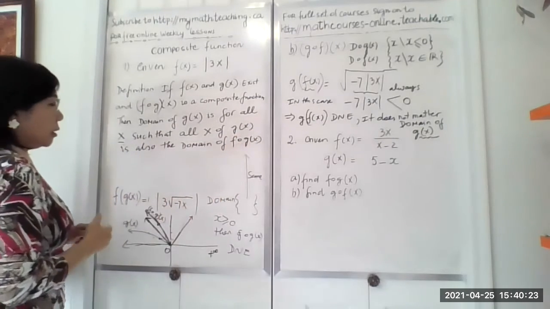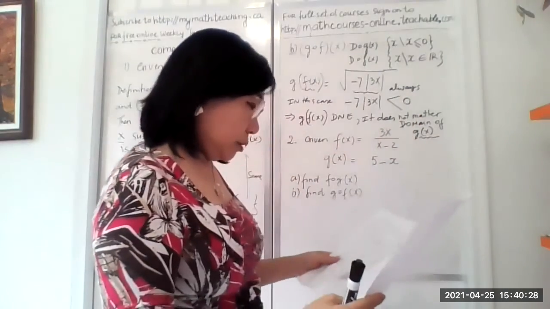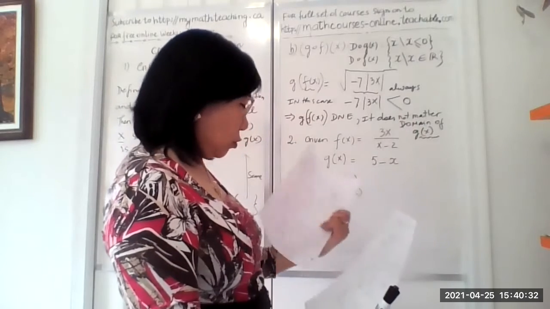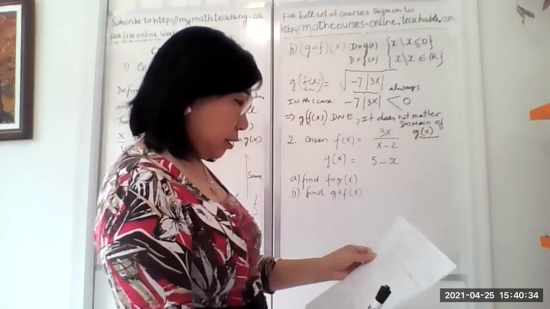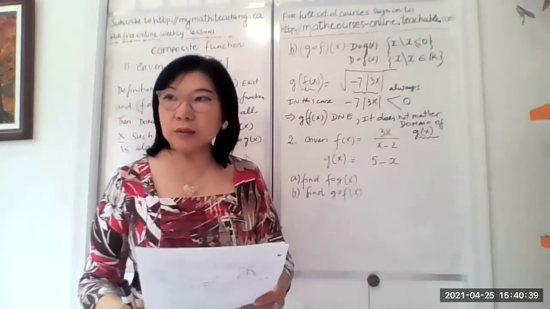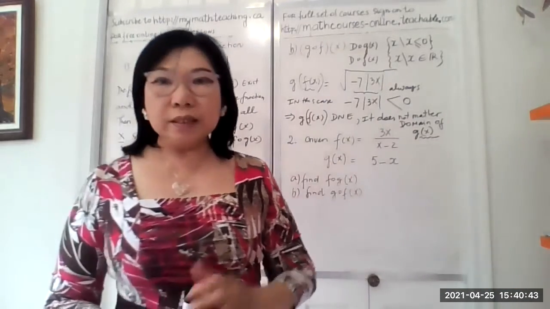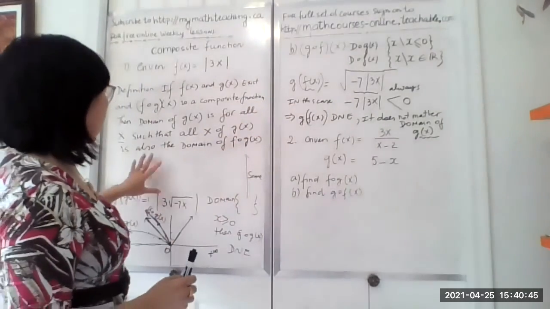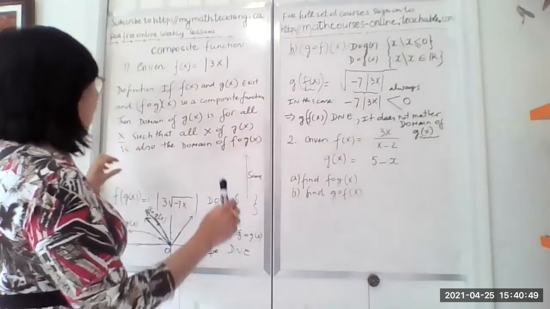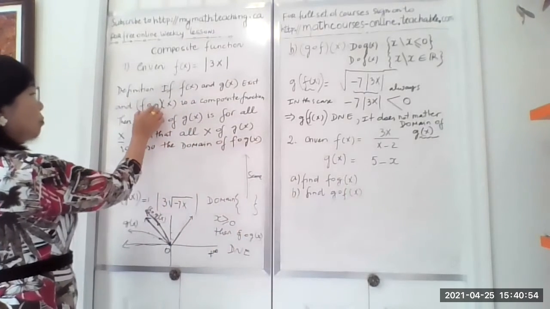Let me read the definition so that it is stated in a better way. Basically, if a composite function exists, then the domain of g of x, the inner function, is also in the domain of f.